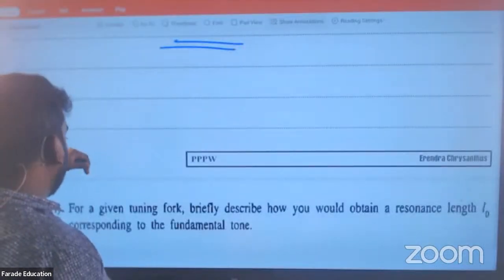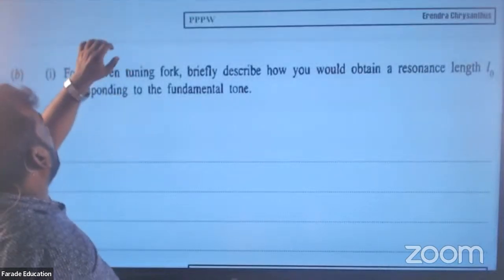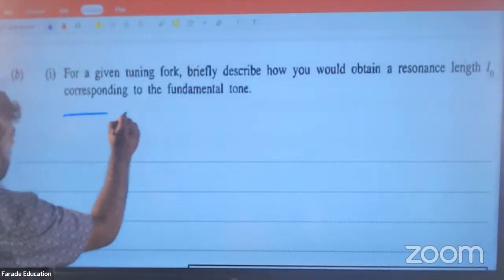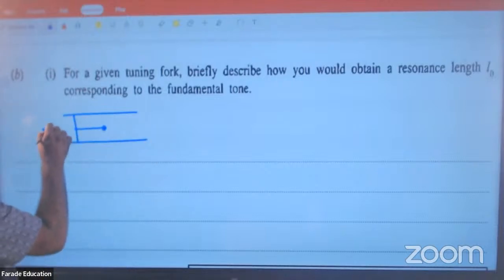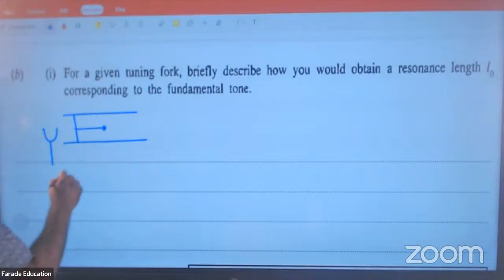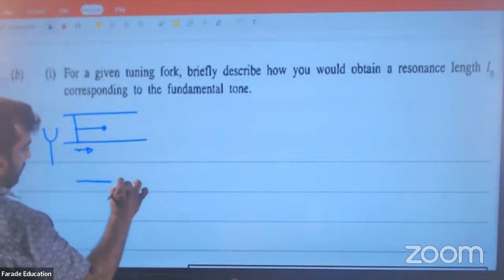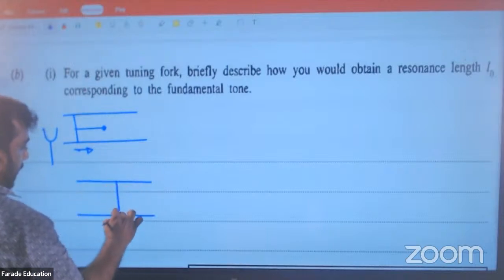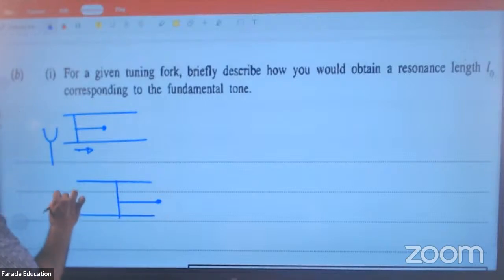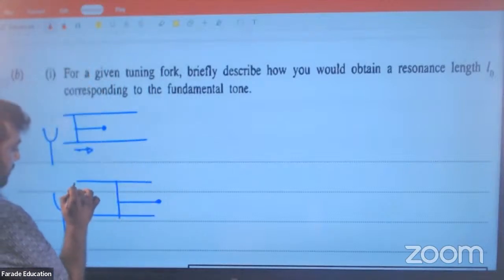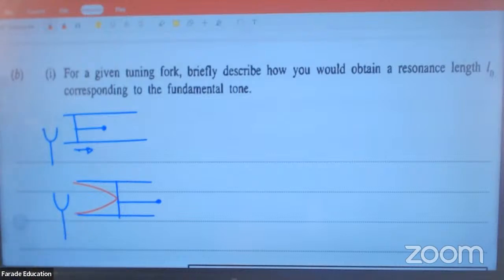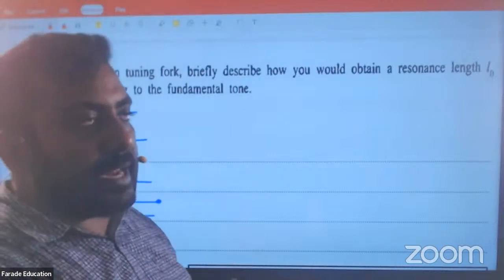If I draw it here, start from a very small vibrating length, vibrate the tuning fork and gradually move the piston to the right. At a particular instant, the first loud sound is heard. First loud sound means fundamental frequency, right there.